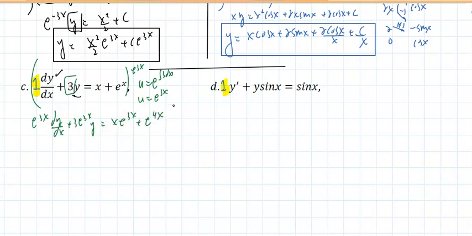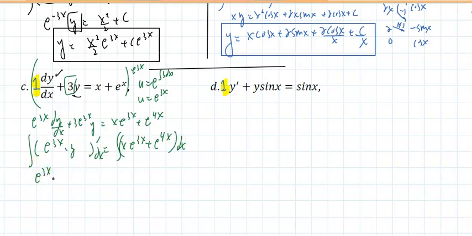And here, I am guaranteed that this right here becomes a derivative of e to the 3x times y. And if I integrate with respect to x, this will be e to the 3x times y equal e to the 4x divided by 4.